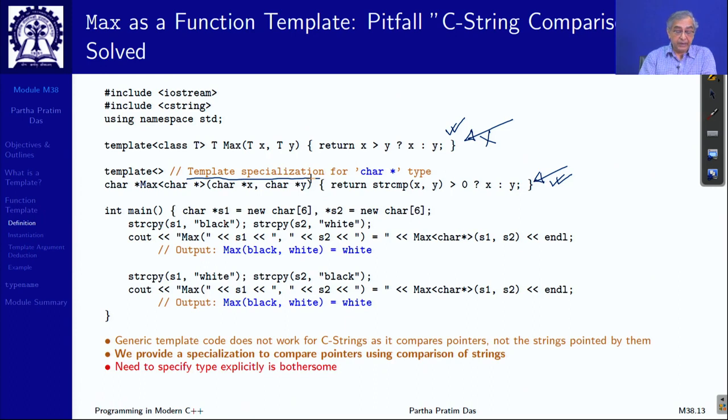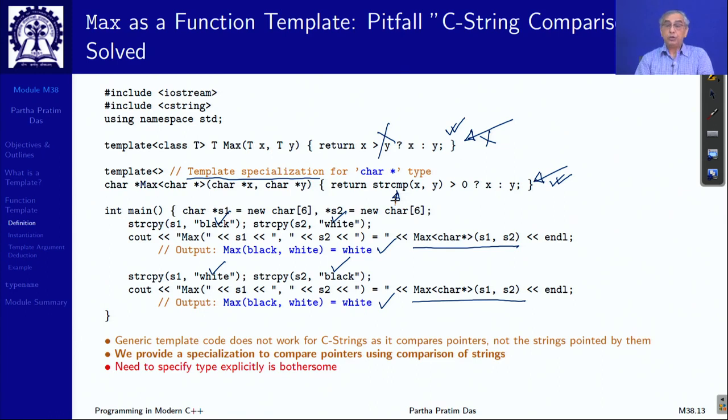Once we have done this, then if we look at doing this with black and white and with white and black, if I do this max, now we will find that in both cases I get white, because actually this code is not being used, but this specialized code will be used, which rightly does the strcmp based on the pointed types and does the string comparison.